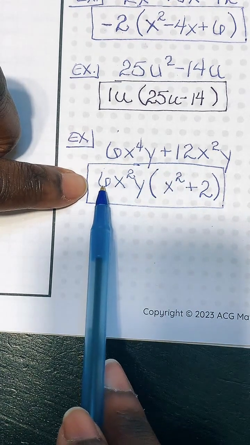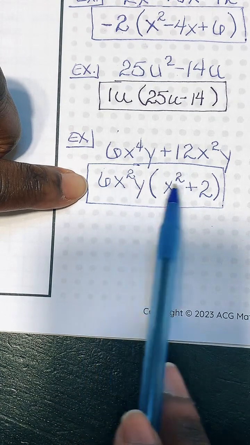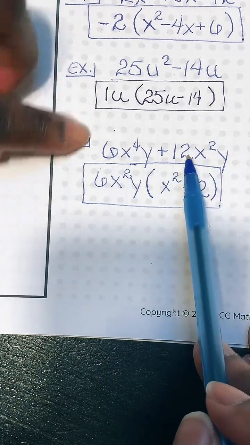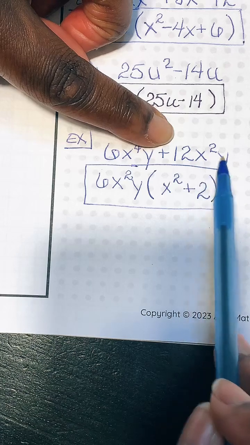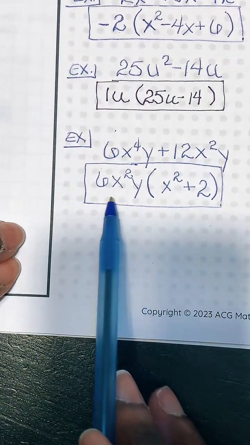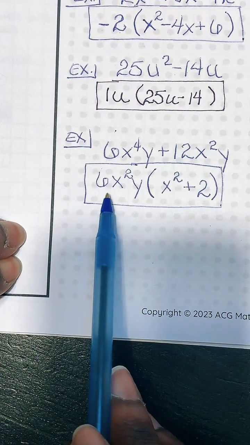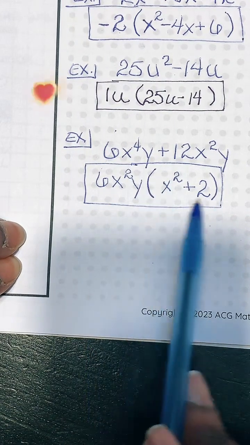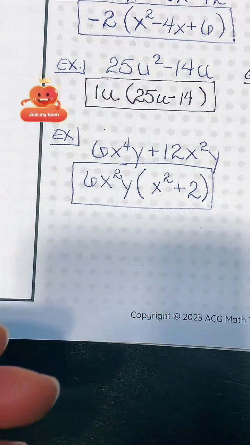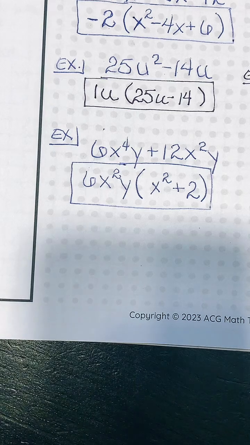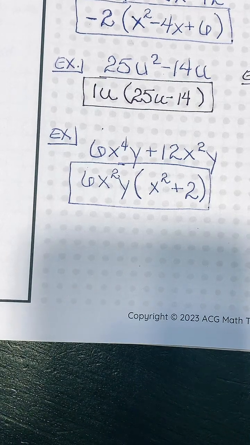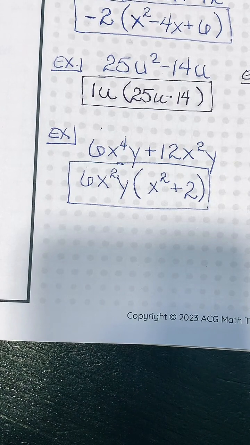Then if I distribute the 6x squared y to the 2, I should get my 12x squared y. So if I just leave the x out here, and I have all these things I need to simplify in there, it's not going to be truly factored. And we really wanted to get it truly factored.